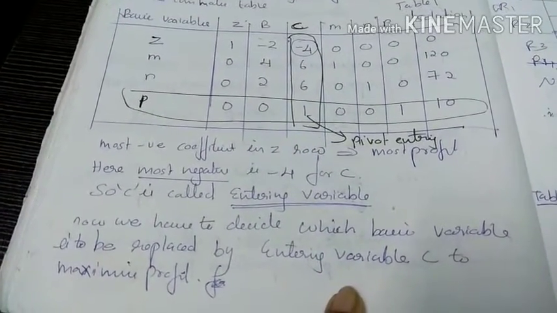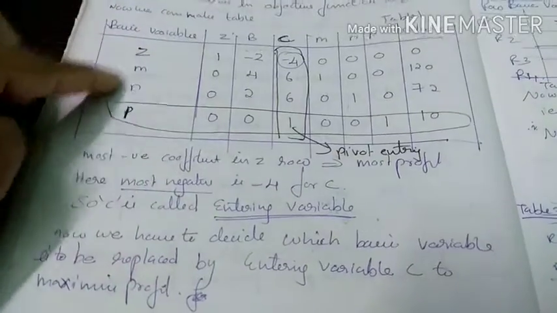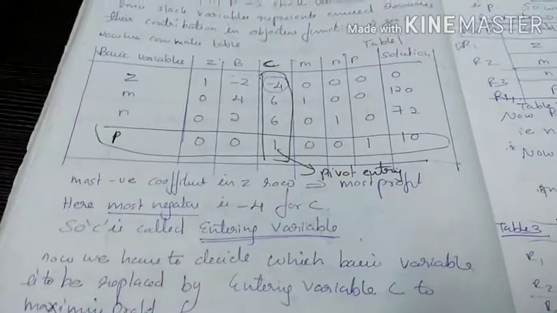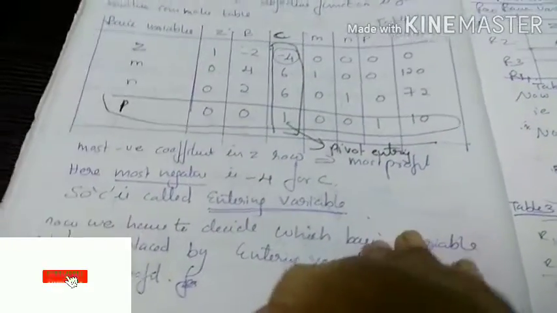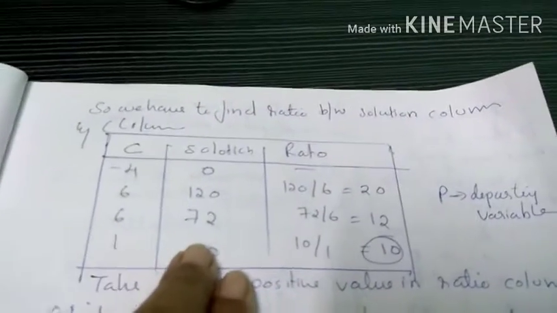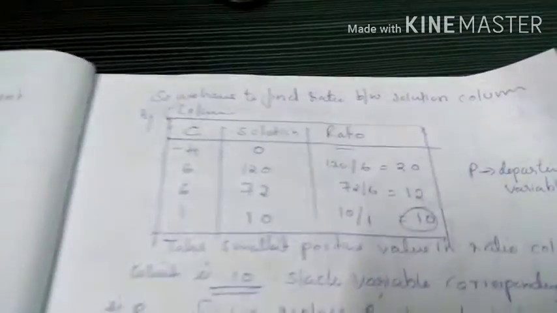So we have to decide which basic variable is to be replaced by this entering variable C to maximize profit. Our basic variables are Z, M and P. So we have to find the ratio between the solution column and the C column.